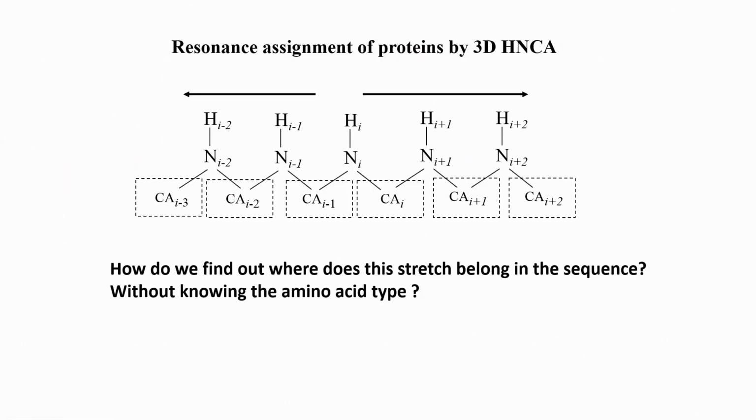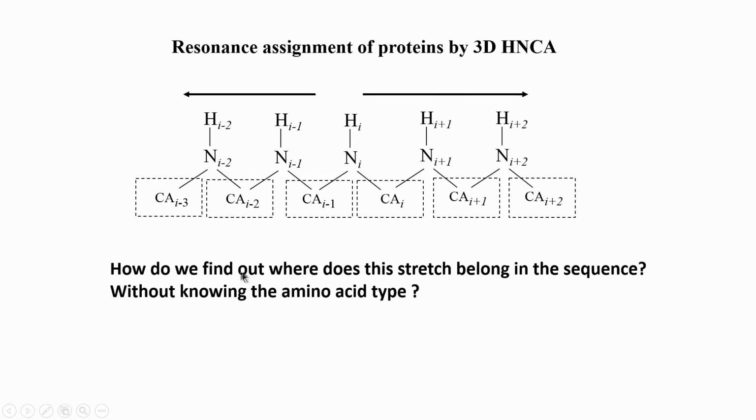This can be improved by using HNCACB. Again, the same thing is shown here: for every amide proton in HNCA we are sharing the C alpha. For example, HI and NI, which is one peak in HSQC, and this is another peak, they share the common C alpha I. Similarly, I plus 1 is shared between these two, here I minus 2 is shared between these two, and so on.